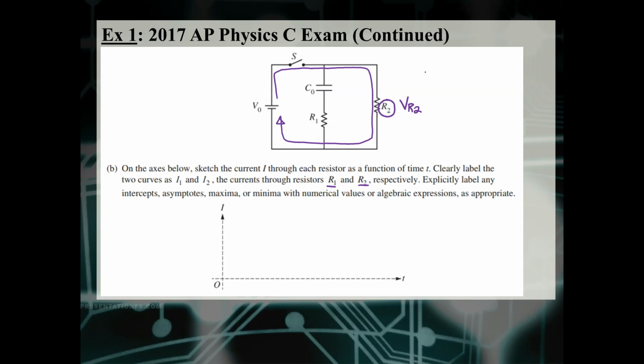Okay, so let's clarify that. I'll say part B here. R2 is always parallel to V naught.